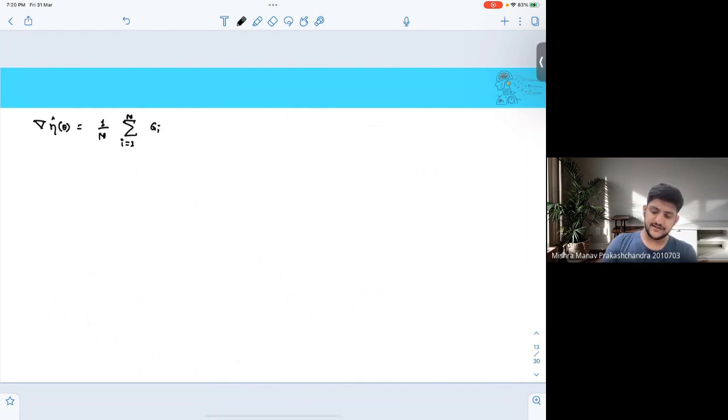This is the return starting from state s naught, and instead of pi, I just put the probability of seeing that state at the ith sample state. Okay, so this is pi of s naught parameterized by theta.